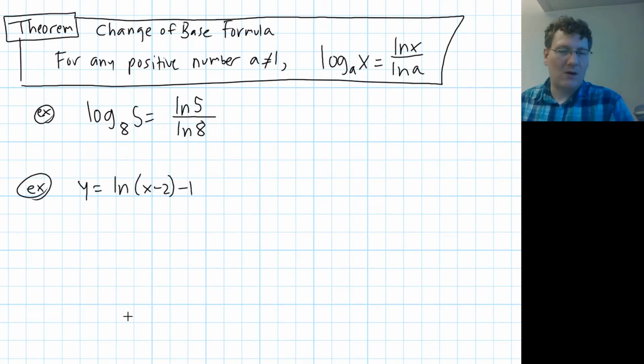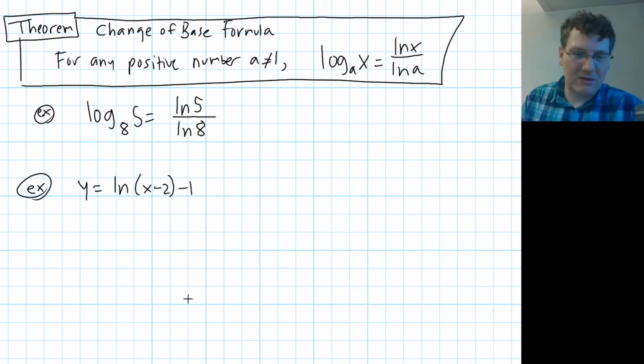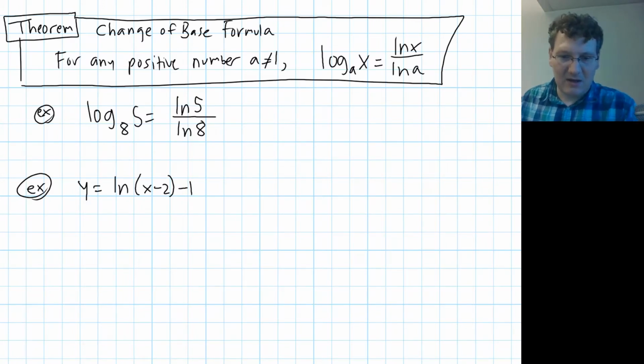Okay, so now I want to do another example where I graph y equals the natural log of x minus 2, minus 1, and I think it's going to be helpful to think about this in terms of asymptotes. So I'm going to draw some axes.